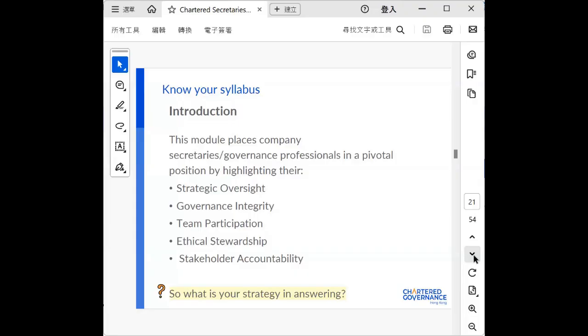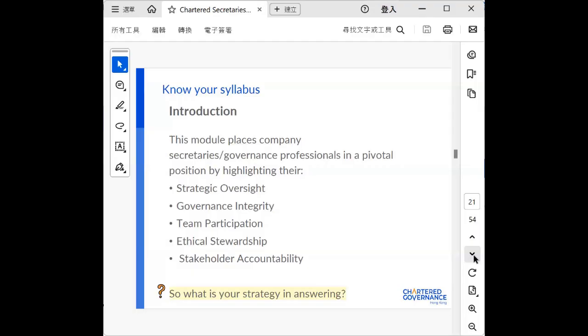So the company secretary plays various roles in the strategic development and implementation. So what your strategy in answering should be is that when you're given a case, you just think that as a company secretary, you are facing some real life problem, and how would you solve that?